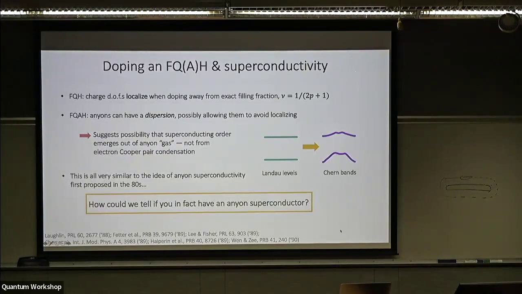For a fractional quantum anomalous Hall, we now have a dispersion. So, with clean enough systems, you could perhaps avoid localizing, resulting in some sort of anyon gas from which superconductivity could emerge. So this would be in a way that is completely distinct from what you normally see with electrons pairing to form Cooper pairs.